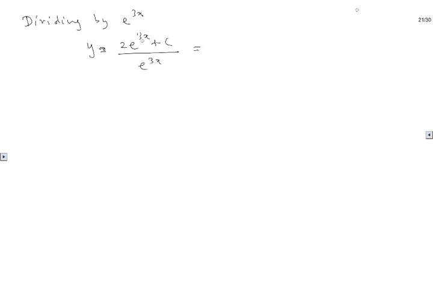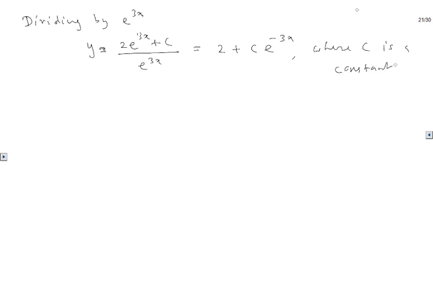If you divide each of the two terms by e to the 3x, you get 2 plus c e to the negative 3x, where c is a constant.